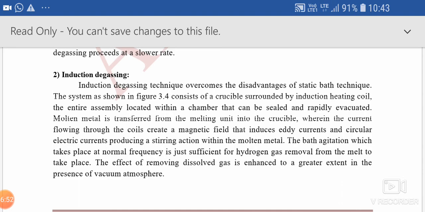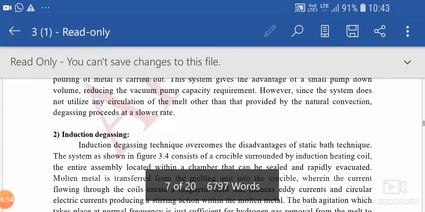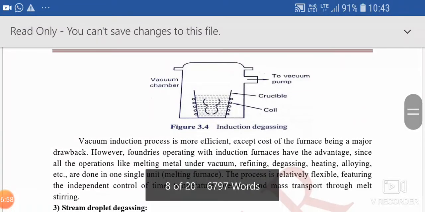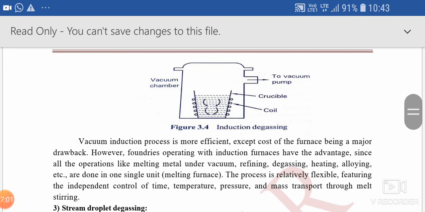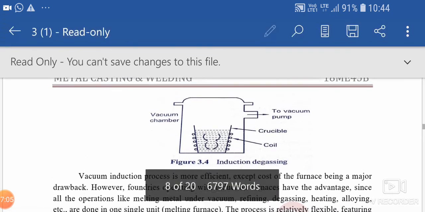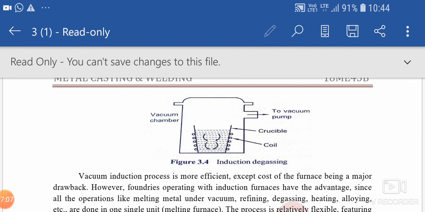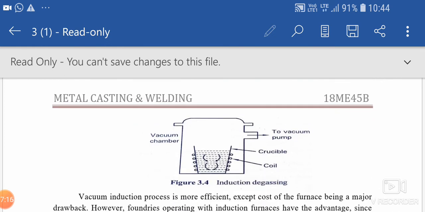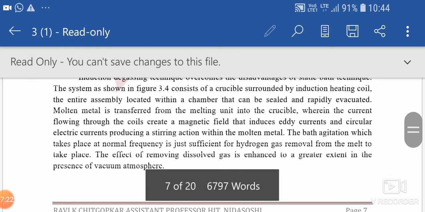In the system shown in figure 3.4b, induction coils encircle the crucible. Due to the induction coil, the molten metal is agitated.